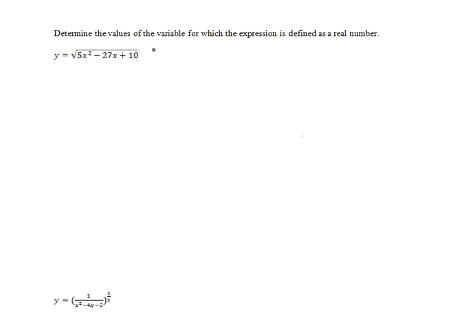So we can think of the given function as the square root of f of x, where f of x is the quadratic function 5x squared minus 27x plus 10, which factors as 5x minus 2 times x minus 5.